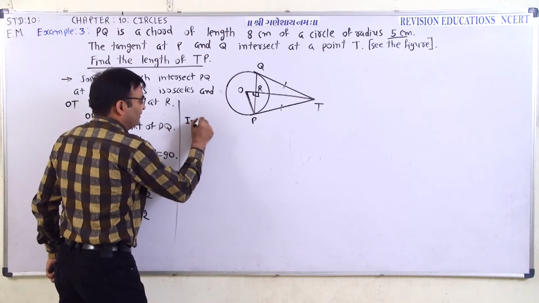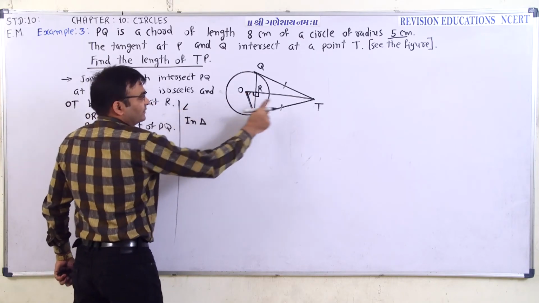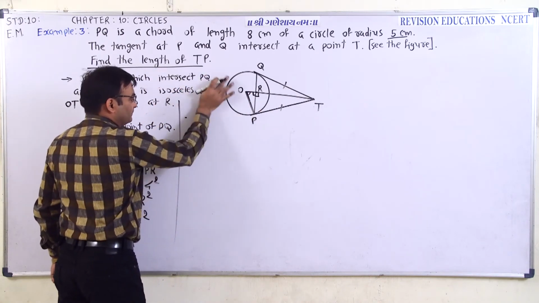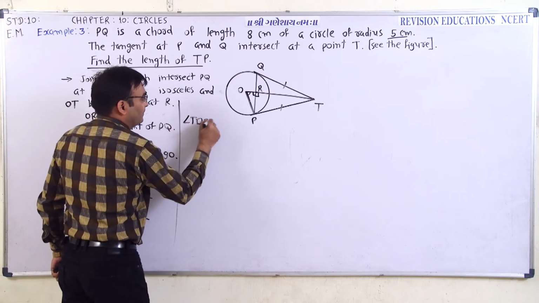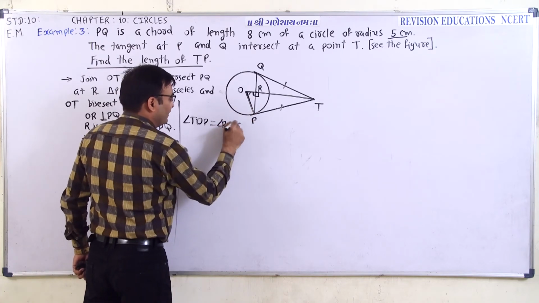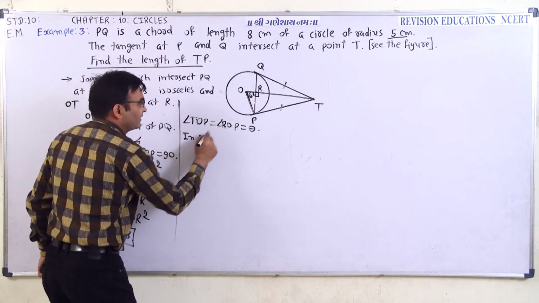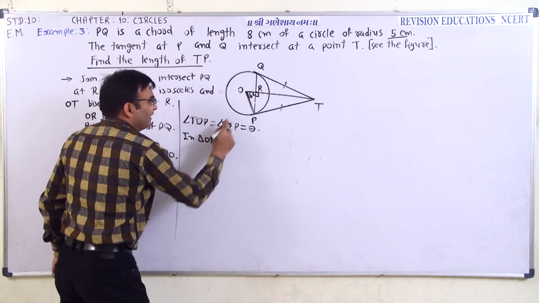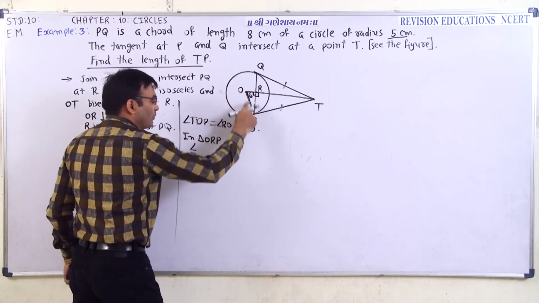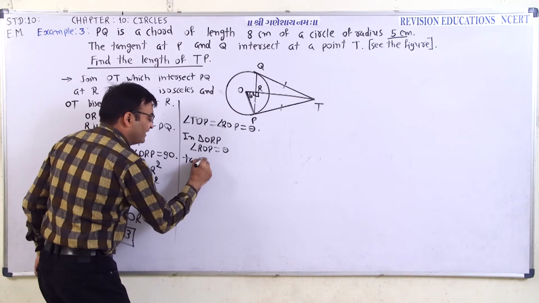Suppose in triangle, angle TOP is equal to angle ROP is equal to theta. We assume it theta. Now in triangle ORP, measure angle ROP is equal to theta. We take tan theta.